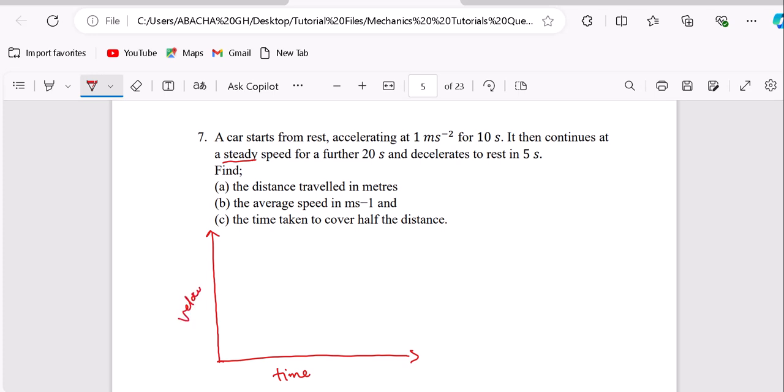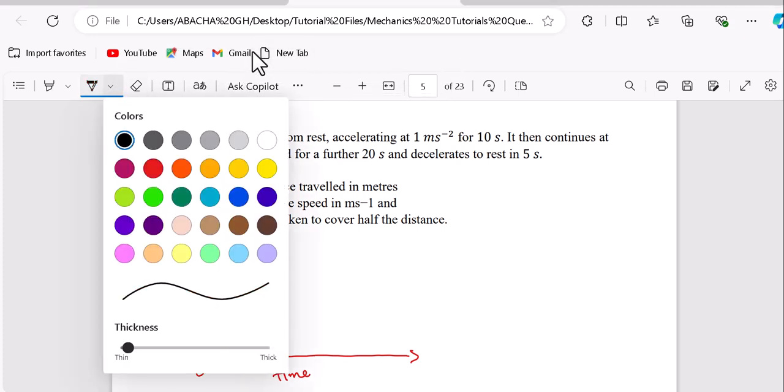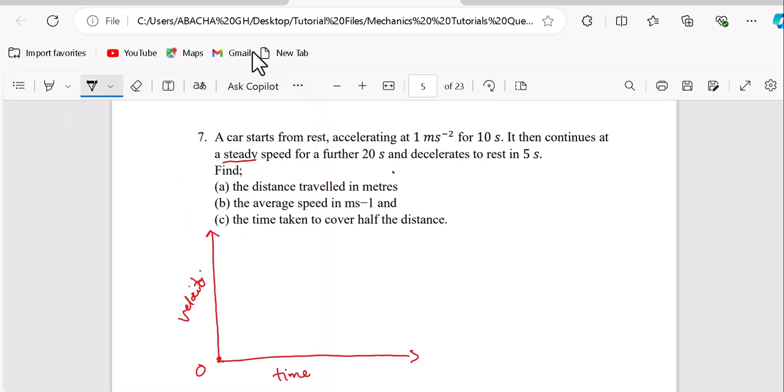Velocity is here. They said a car starts from rest. This is 0. So since the car starts from rest, the velocity at this point is 0.